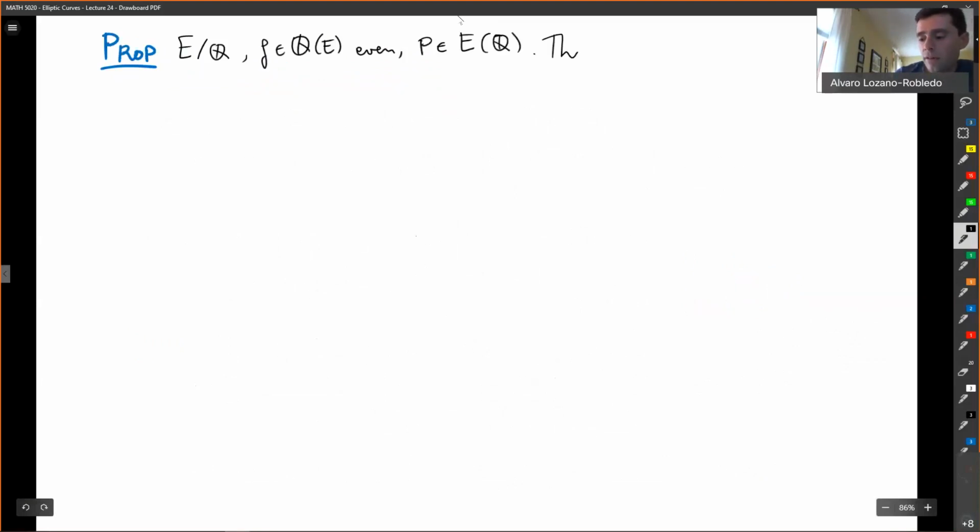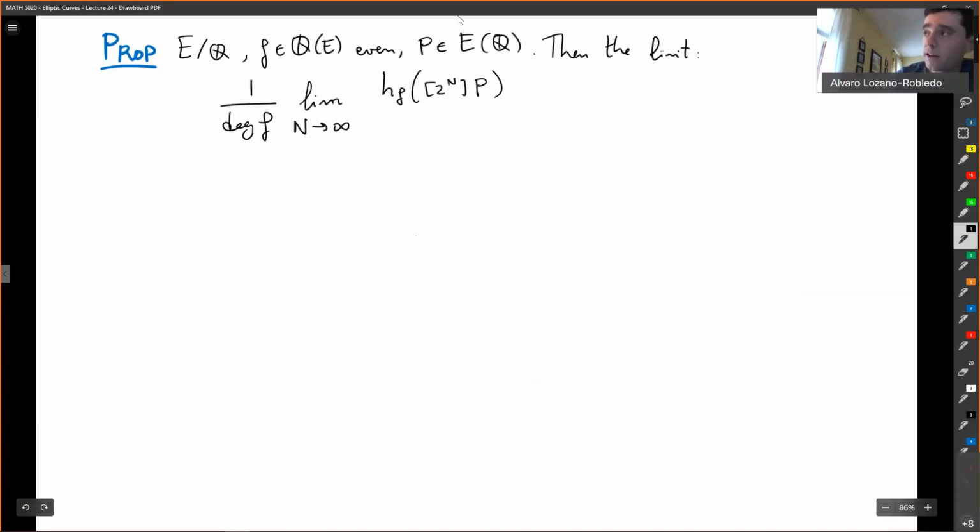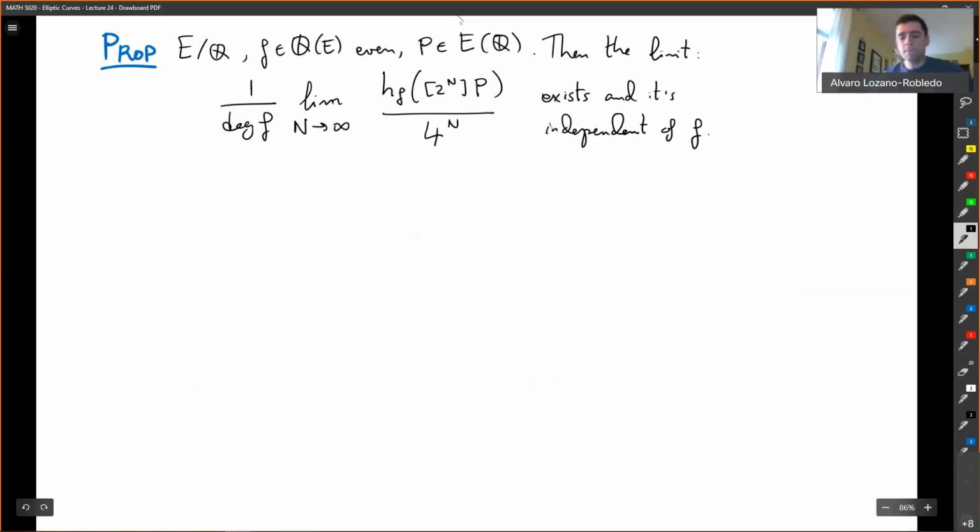Then the limit of 1 over degree of f, limit as capital N goes to infinity of the f height of the 2 to the n multiple of P divided by 4 to the n, exists, and it's independent of f.